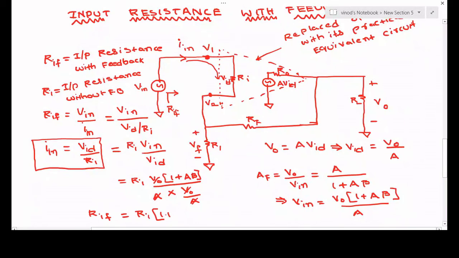This is the expression of the input resistance of the op amp with feedback.